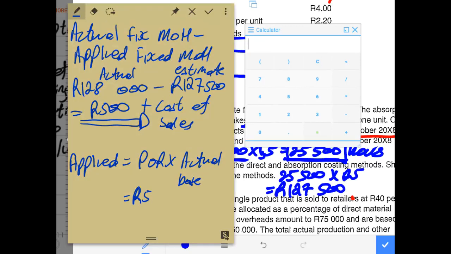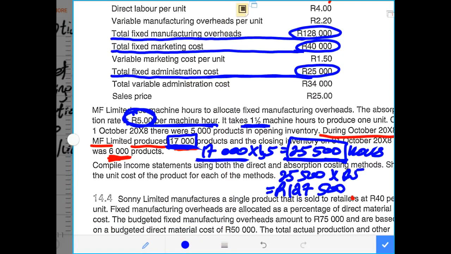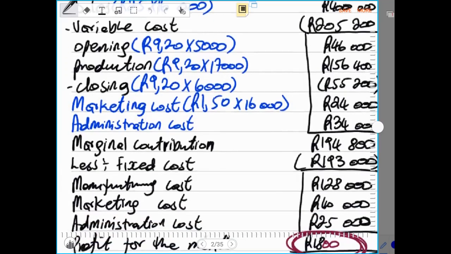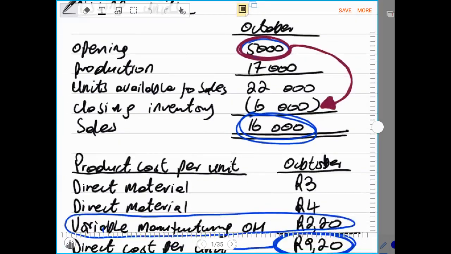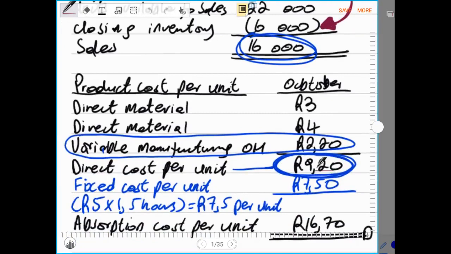And secondly, we had already calculated the fixed cost per unit, and it finally amounted to 7 rand 50 cents. And remember, this was per unit. Don't forget that.